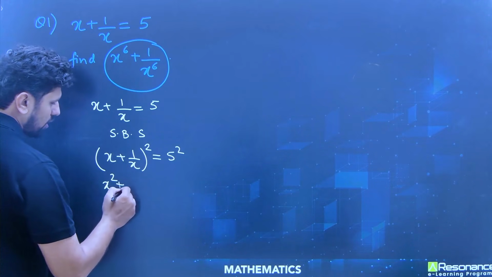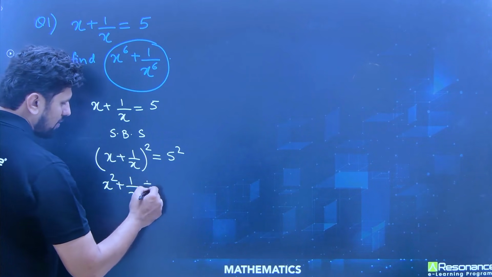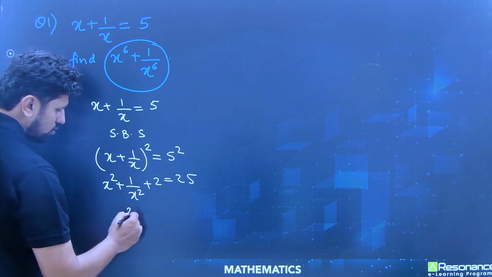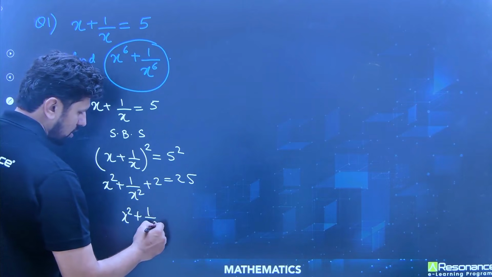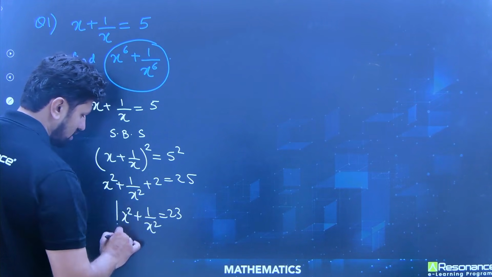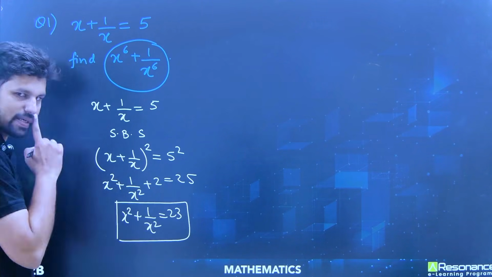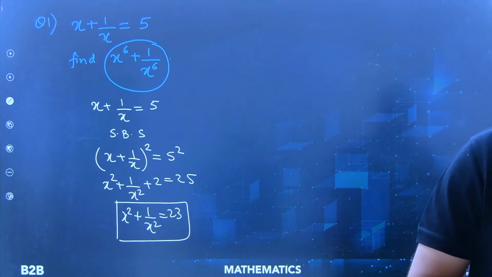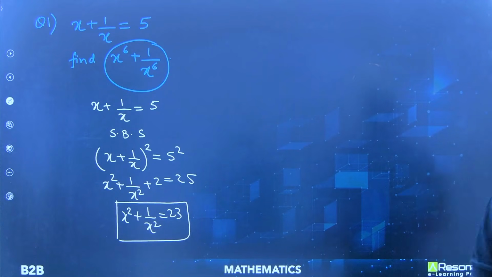This is x square plus 1 by x square plus 2ab equals 25. So we get x square plus 1 by x square equals 23. Correct? Now we have to make it power 6.